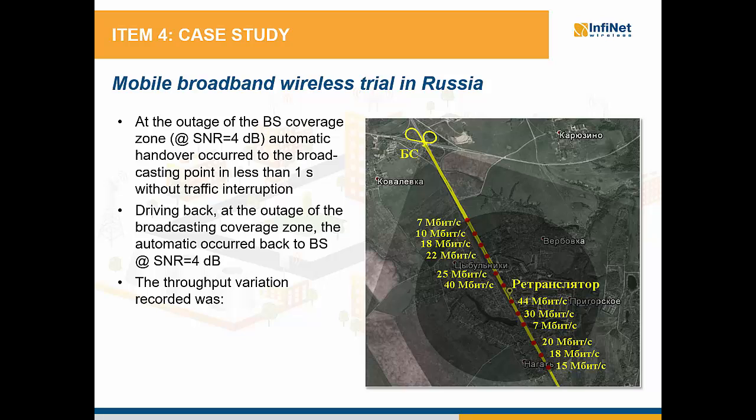The maximum throughput achieved in this case was 44 megabits per second. I don't have all the configuration for the unit, so I don't have the information about the bandwidth used, the bit rate and so on for this specific trial, but the maximum throughput was 44 megabits per second, and the lowest figure was 7 megabits per second.